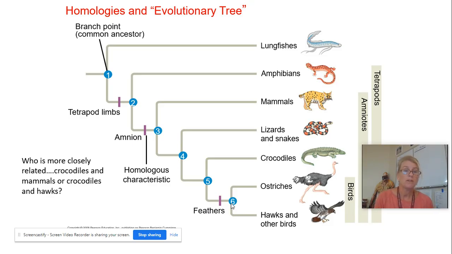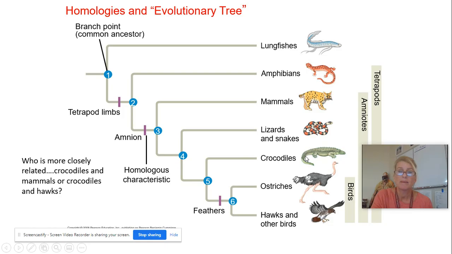So don't let that trip you up. The question I have for you is, who is more closely related? Crocodiles and mammals, or crocodiles and hawks? Let's look at crocodiles right here. Crocodiles and hawks, their common ancestor is right here.